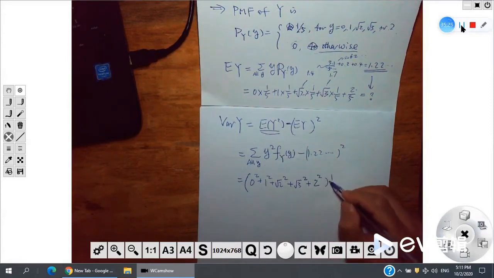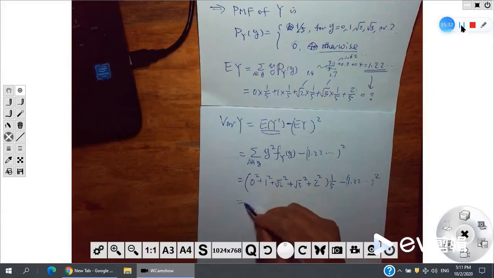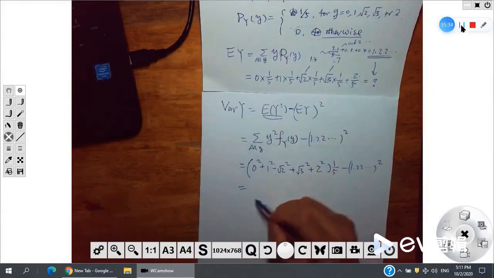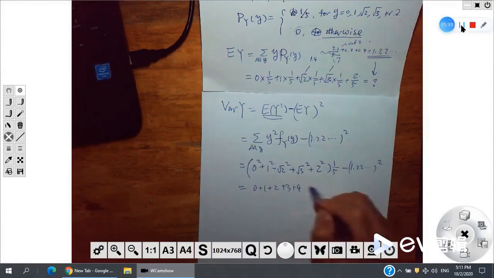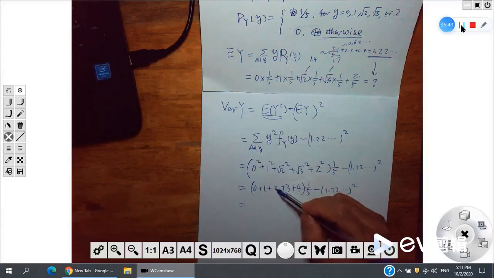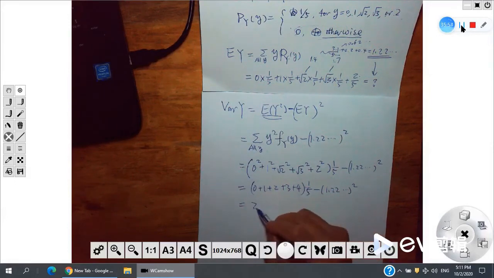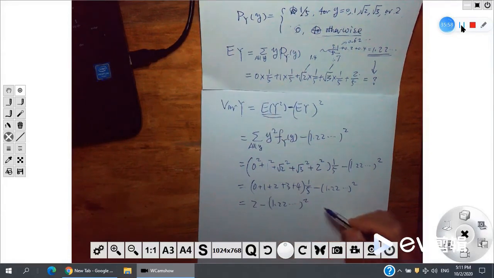Times all the probability, which is 1/5, minus 1.22 squared. So this is 0 plus 1 plus 2 plus 3 plus 4, times 1/5, minus that. What is it? 1 plus 2 gets 3. 3 plus 3 is 6. 6 plus 4 is 10. 10 over 5 is 2. 2 minus 1.22 squared.